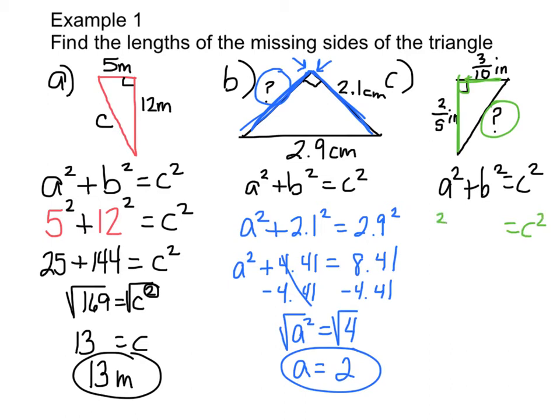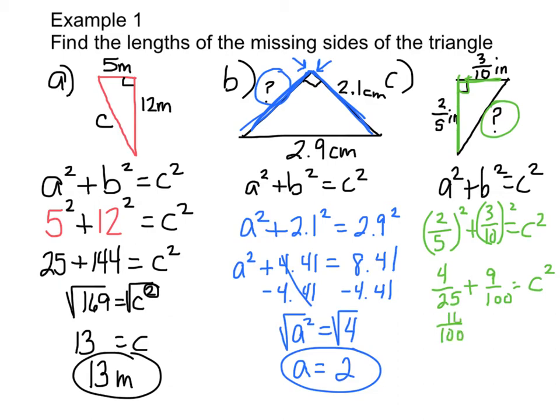So we have to plug in 2/5 squared plus 3/10 squared. So 2/5 times 2/5 gives us 4/25 plus 3/10 times 3/10 is 9/100 equals c squared. I have to find a common denominator, so that would be 100.